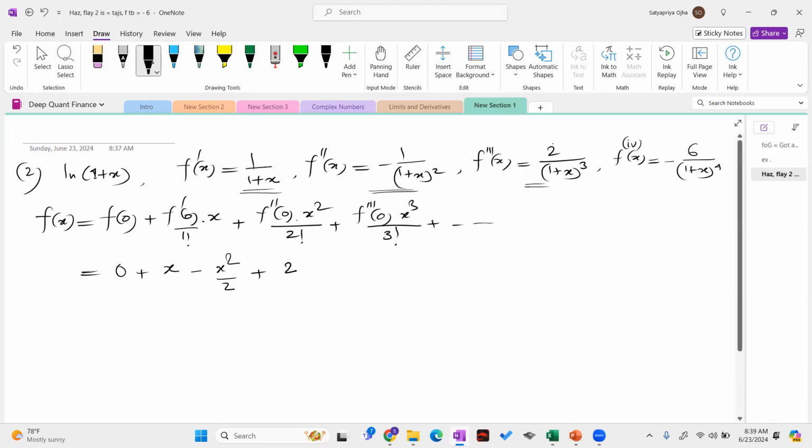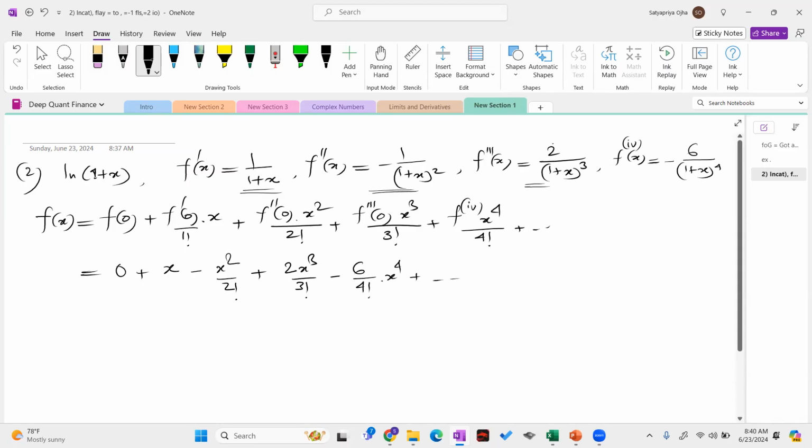You get 2x cube by 3 factorial. Actually, let me retain this for now. The next term would be, let me write it down. Fourth derivative, x to the power 4 divided by 4 factorial. So that is minus 6 divided by 4 factorial, x4, right?